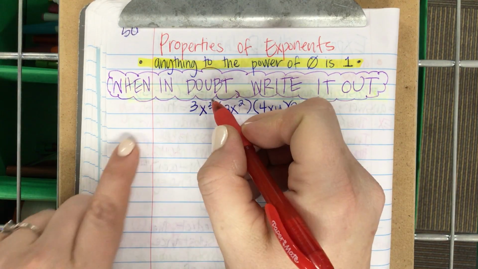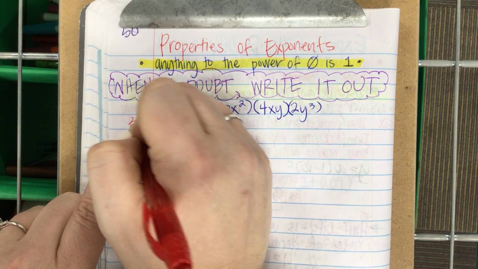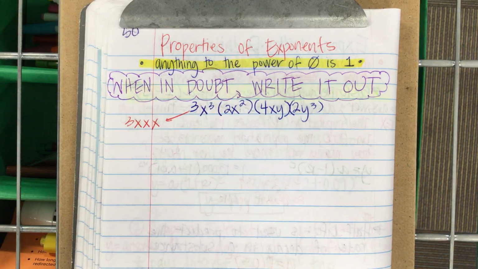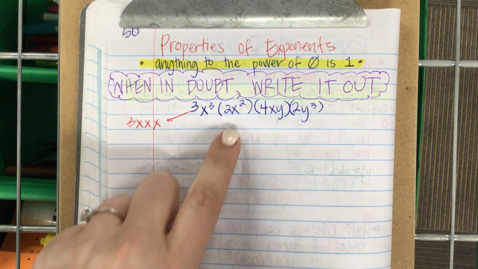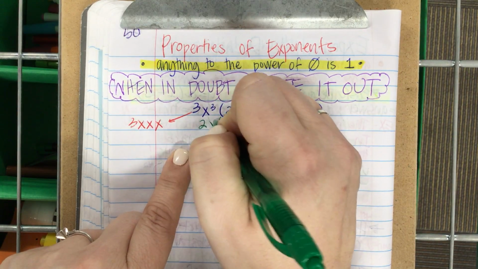So 3x to the third really means 3x, x, x. 3x to the third, correct? I expanded it. And 2x squared really means 2xx.